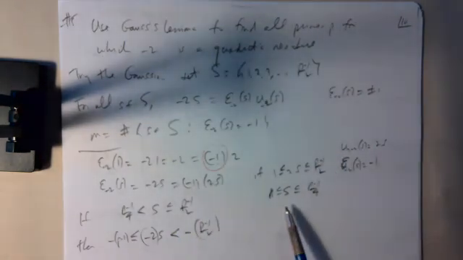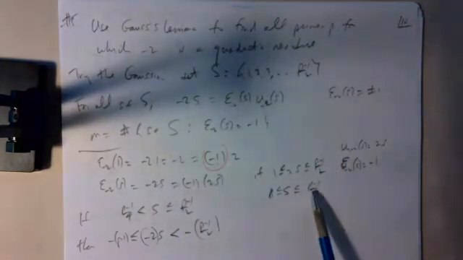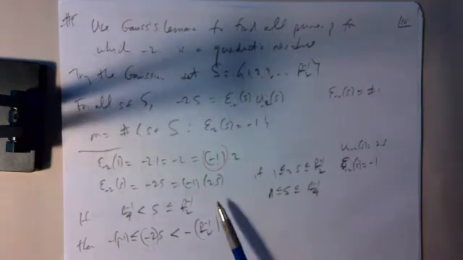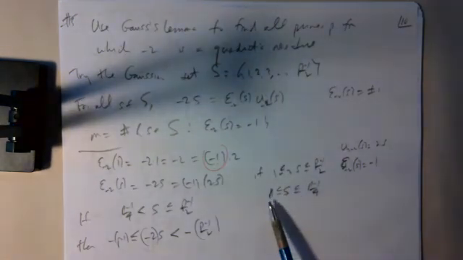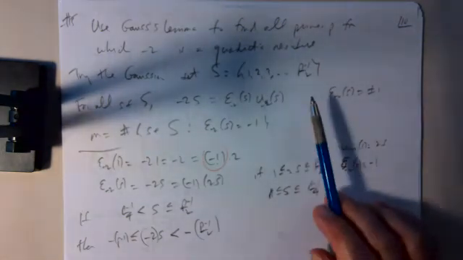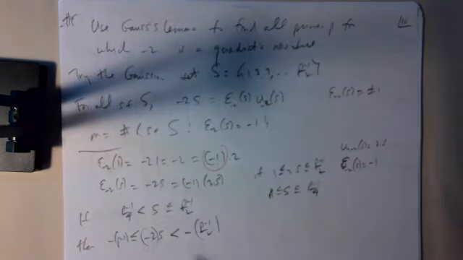So if S is between 1 and (P−1)/4, when I multiply by −2, I get something between −2 and −(P−1)/2. It's going to be the negative of one of these.